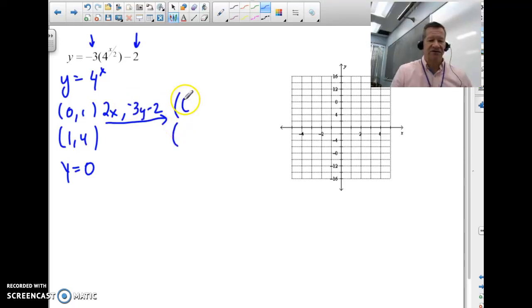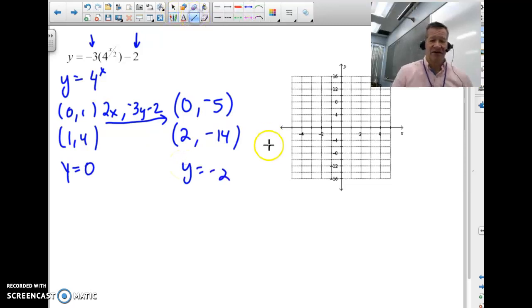2 times 0 is 0. 2 times 1 is 2. -3 times 1 minus 2 is -5, I believe. And -3 times 4 minus 2 is -14. And then -3 times 0 minus 2 is -2. So once again, the graph gets shifted down 2 units. Now be careful here.